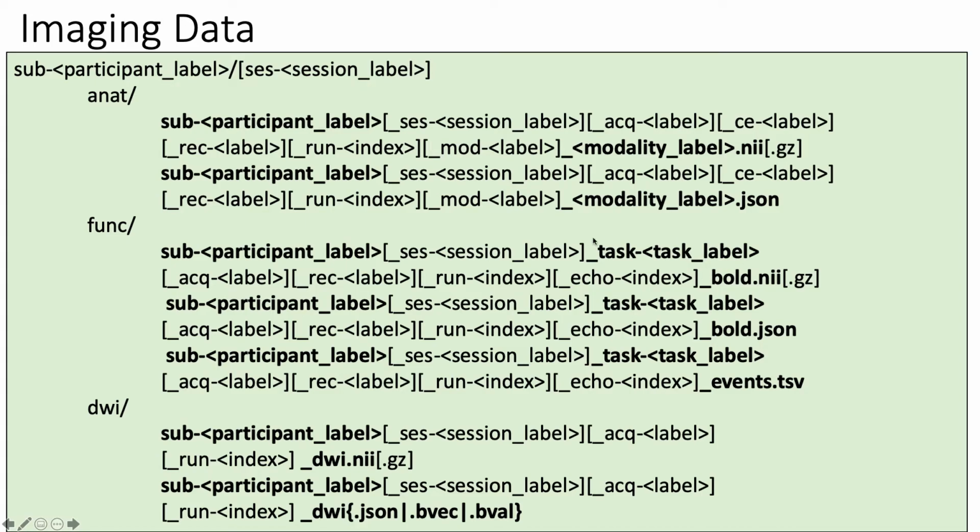In the case of the functional, you also have task, because you want to know if this is a resting state scan, the monetary incentive delay task, the Q learning task, the stop signal task, and so on. And you have additional parameters that you can include that give more information about the scan, like run index. Maybe you do your task 10 times or resting state 4 times in the course of your study, so you want to keep track of that. Or maybe you collect more than one T1. You can keep track of that too. So it's actually pretty simple to organize once you get started.